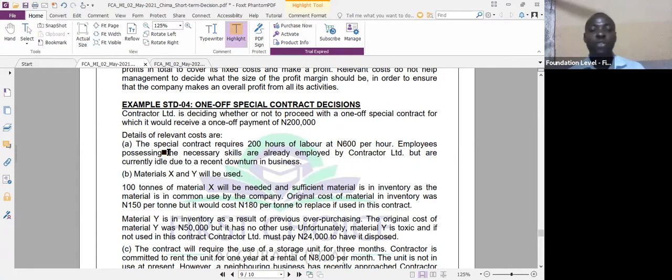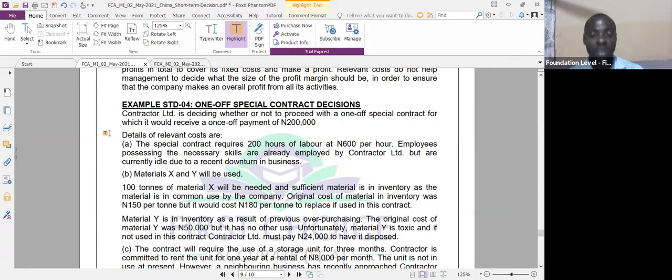Now, if it needs 200 hours and they are going to pay them at 600 naira per hour, but the employees that will do the job are already in permanent employment, working for Contractor Limited. Contractor Limited is not going outside to outsource the job. They are doing it in-house. And the people who are doing it are already employed. They are paying them salary. And look at the question, they have idle time.